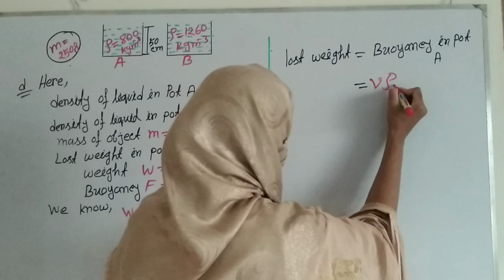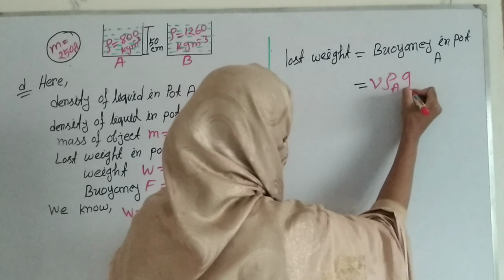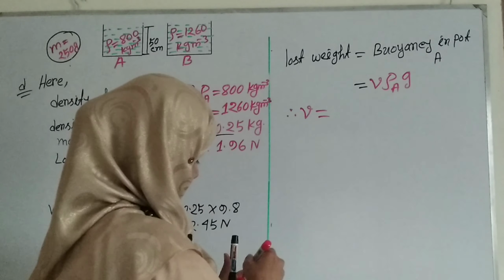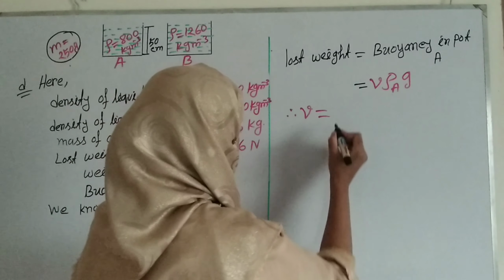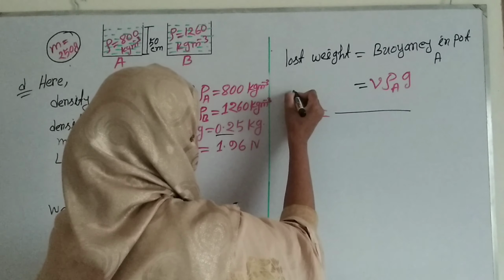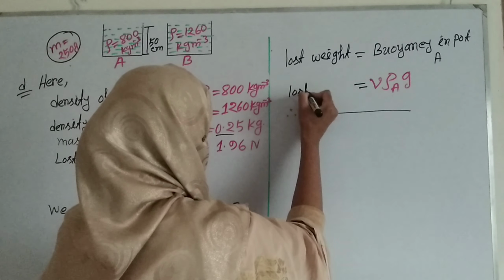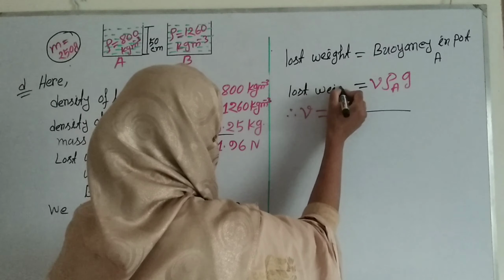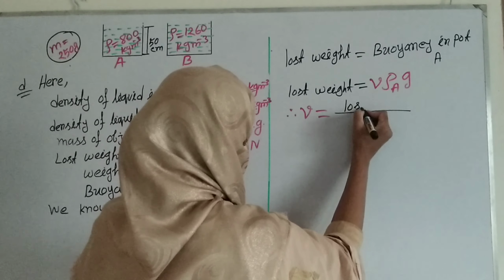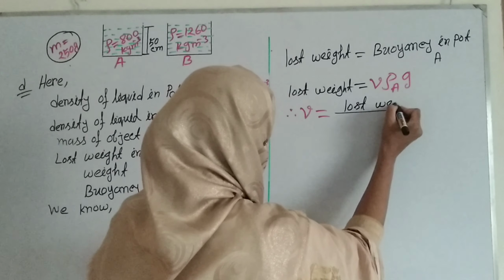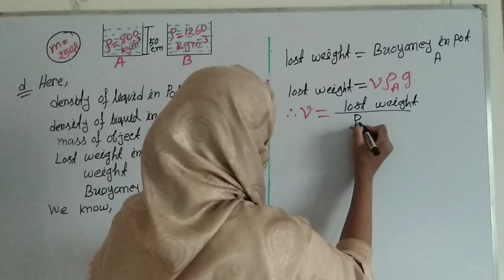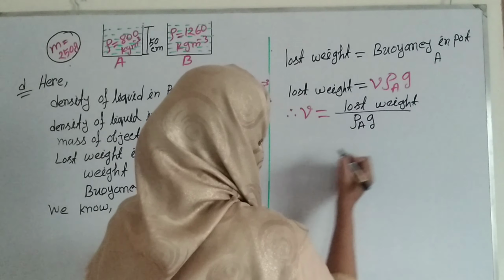So the formula will be V rho A g. That means V equals, just changing the side, lost weight divided by rho A g.